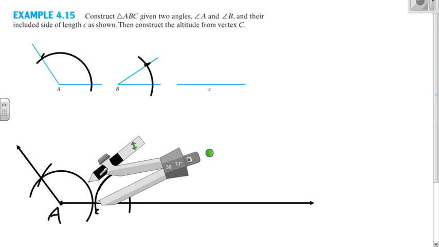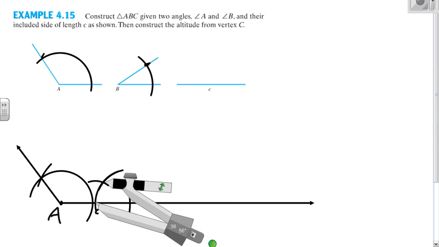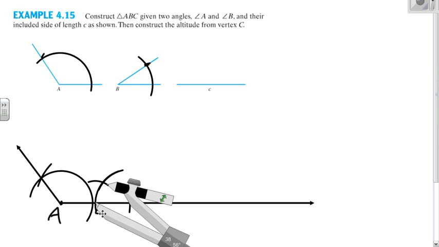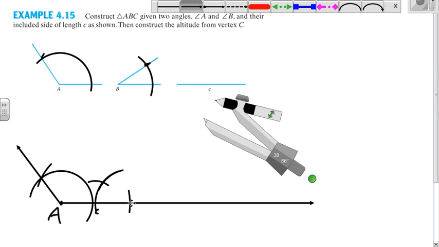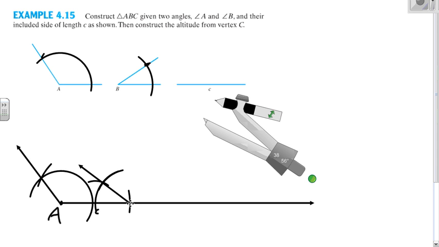And translate that down to our copy. So angle B, the other side will go through from our vertex through this side. And as we can see, side A needs to be extended.